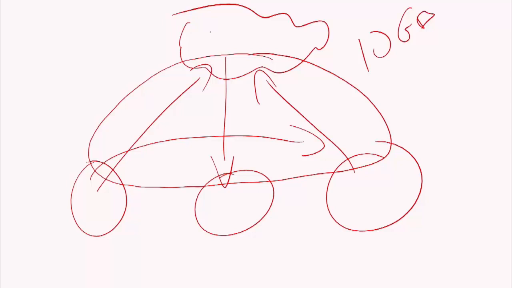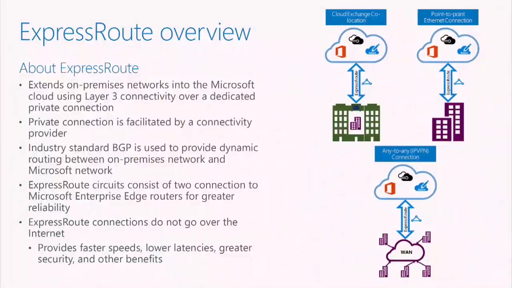Now, it's important to keep in mind that this is obviously not for everybody, and obviously there's a lot of cost involved. Also, not every ISP or every possible location or configuration supports this. But it extends the notion of an on-premise network using layer 3 switching connectivity over dedicated private connections to give you what is essentially a direct link to your Azure VNet that doesn't go over the public internet and doesn't go over VPN.